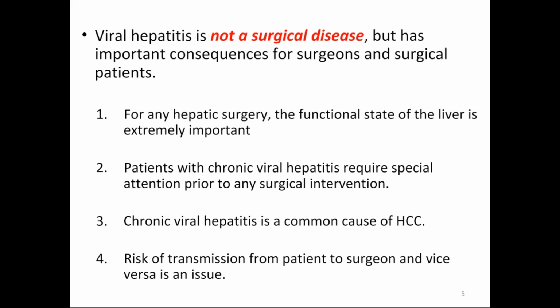In very rare cases, the patient can have acute hepatitis. Most commonly, it is a chronic case where over a period of 5 to 10 years, the patient develops nodules and goes into cirrhosis of the liver. So viral hepatitis, most commonly, is a chronic disease.